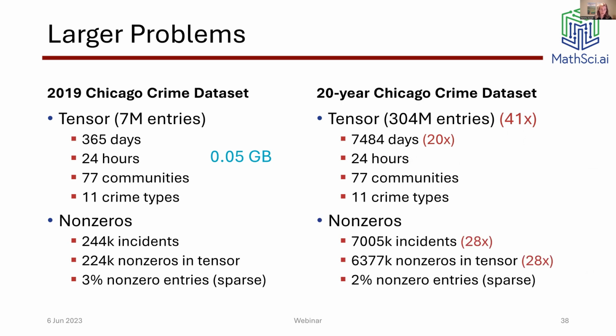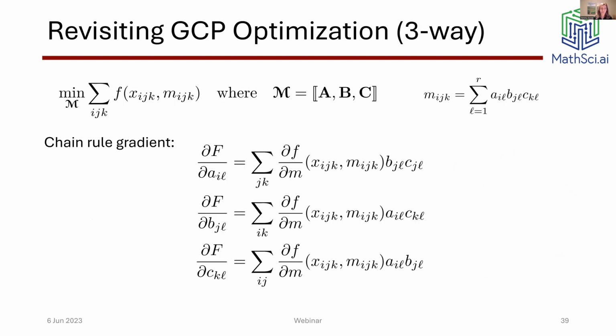So the non-zeros have grown by a factor of 28 in the tensor. We have a 2.4 gigabyte tensor if we store it as dense. We won't do that. We'll store it as sparse, but it's still a quarter gigabyte. More importantly, when we do the computations with this tensor, we tend to form gradients, which actually do take 2.4 gigabytes. So that's a bit of a problem.